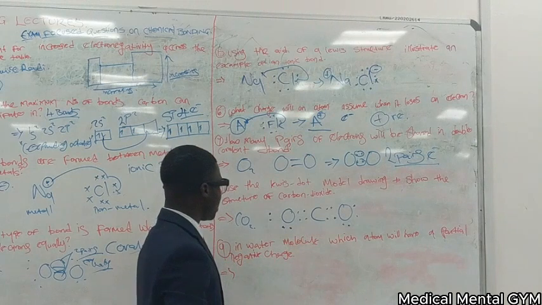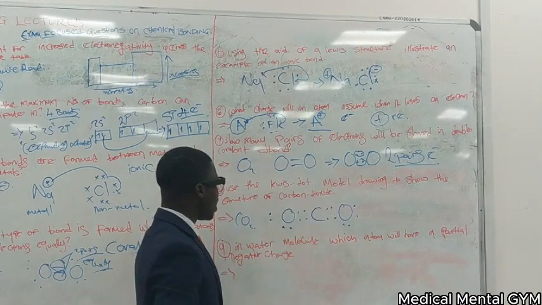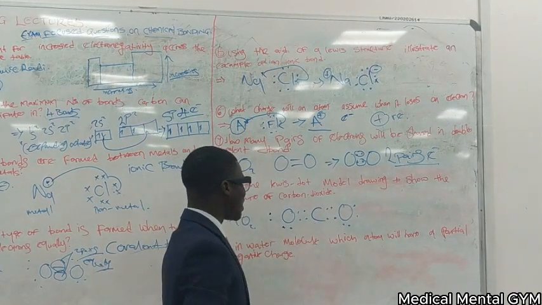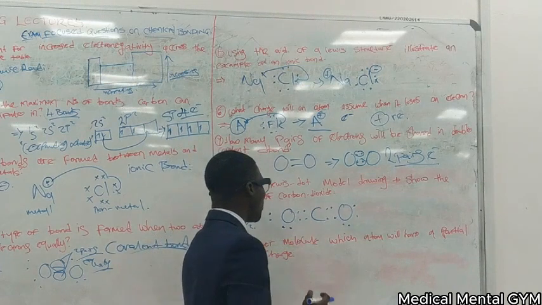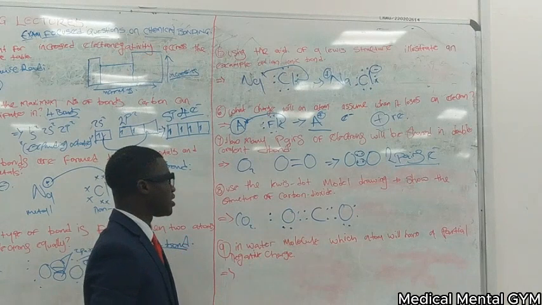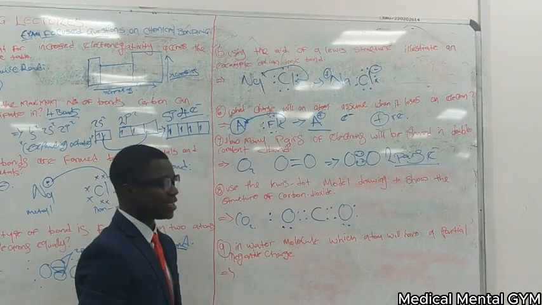So what we've noticed is that our oxygen atom has attained what we're calling an octet. Our carbon atom also has attained an octet, and our other oxygen atom has attained an octet. Hence, we've created a stable Lewis structure of carbon dioxide.